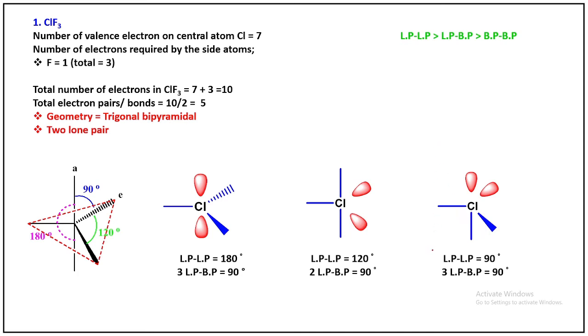So, we can eliminate the third option, in which the lone pairs are situated at 90 degrees and 3 lone pair-bond pair repulsions are present at 90 degrees. Now, among the first two options, since the first option has 3 repulsions at 90 degrees, the second one is more favorable and hence the shape will be T shape.